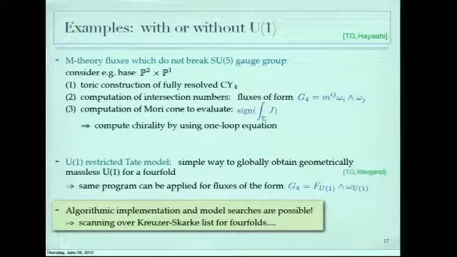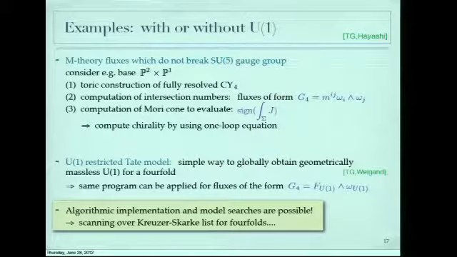We studied this in examples, once without U1, some SU5 example, and also the ones with U1s, and I guess we will hear more about these kinds of constructions later on today. The nice thing I want to point out is that we are now on the way to finding an algorithmic implementation.